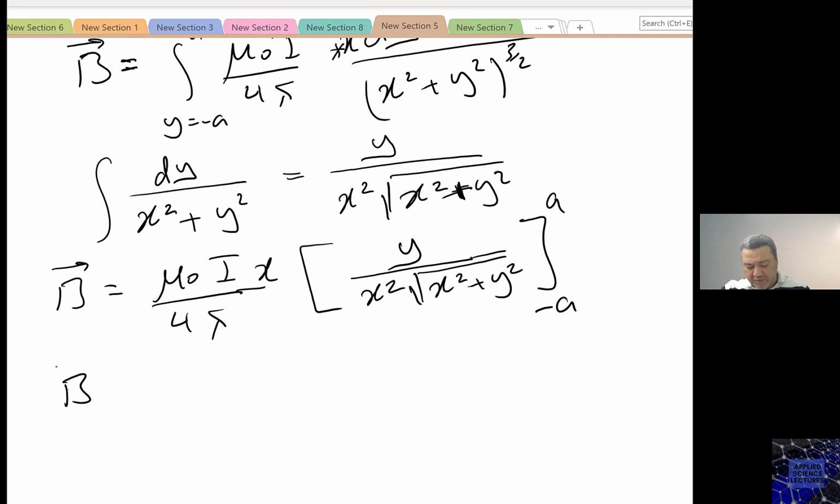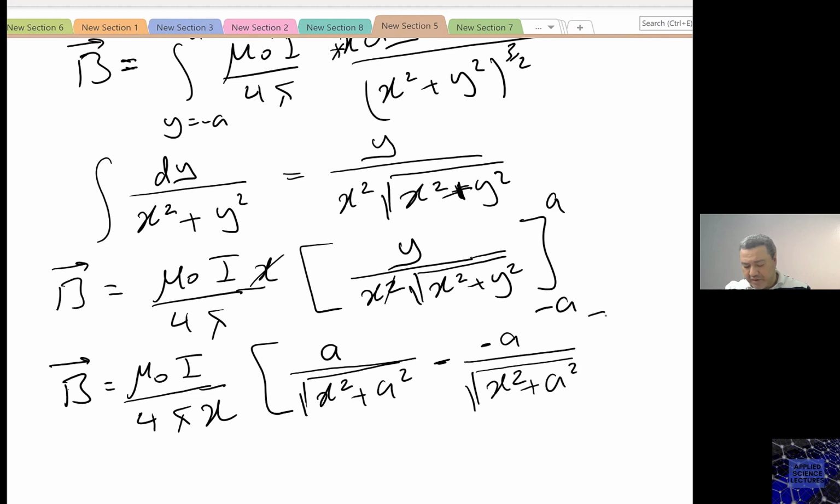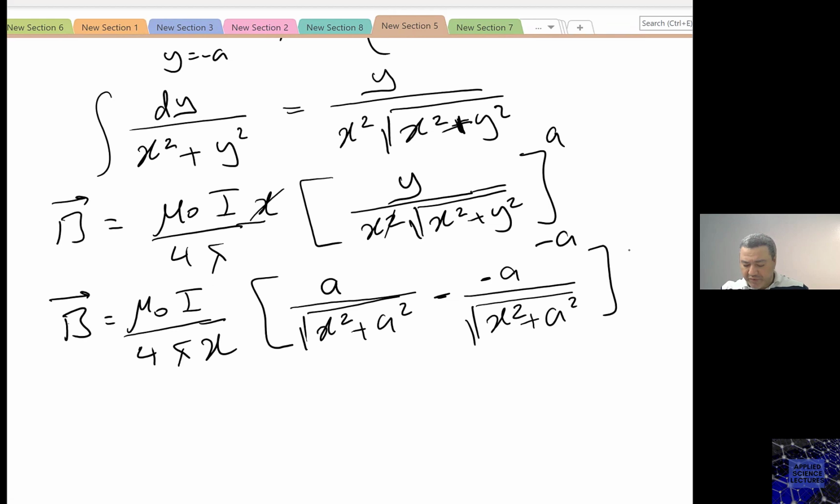So this is going to result into B equals mu naught I, x is going to cancel, over 4 pi x, and then this is going to be a divided by x squared plus a squared minus minus a divided by x squared plus a squared, and we don't need to forget the minus k hat.